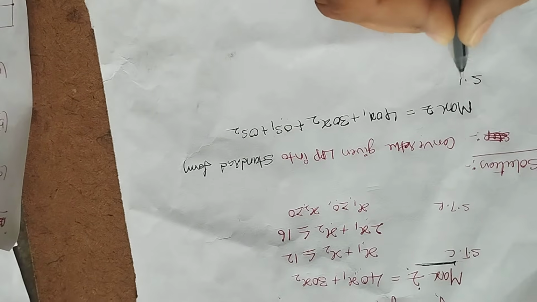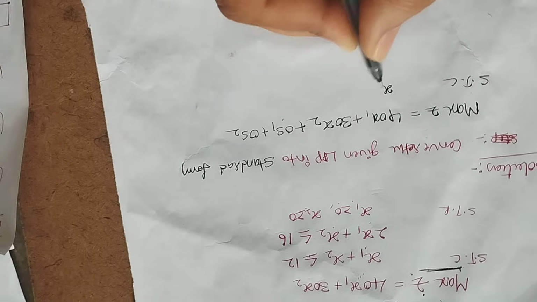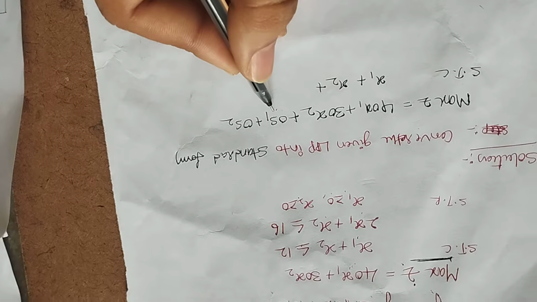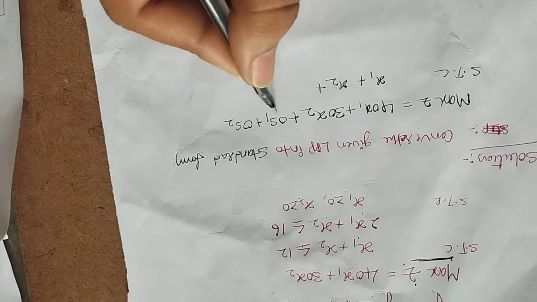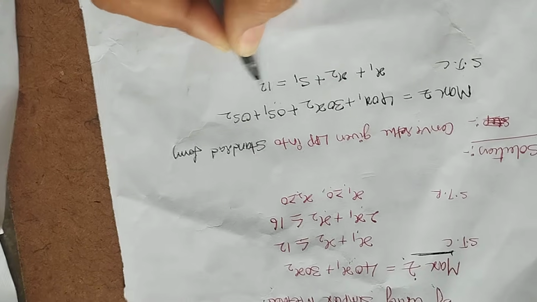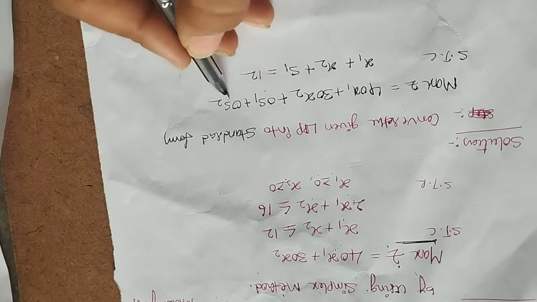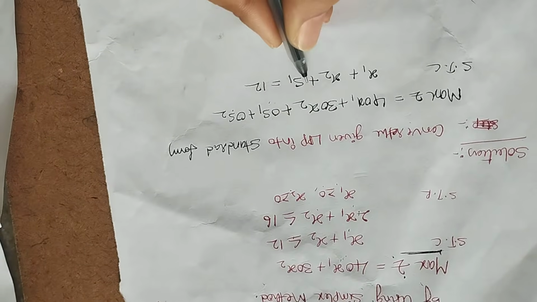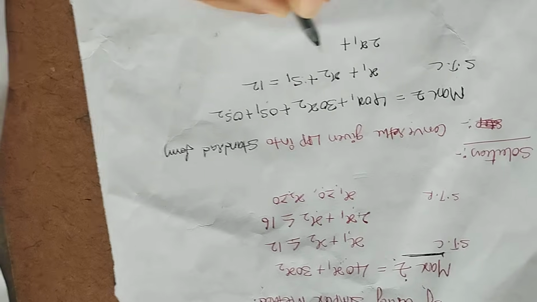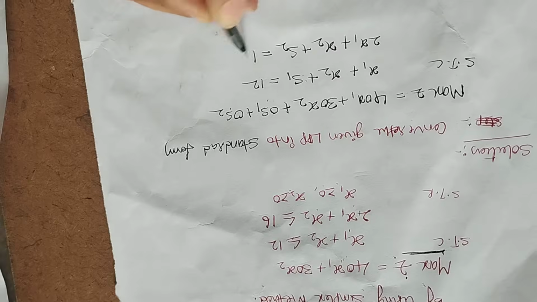Then the subject constraints will be converted into standard form: x1 plus x2 plus s1, the first slack variable for equation 1, is equal to 12. And for the second constraint I am adding s2: 2x1 plus x2 plus s2 is equal to 16.